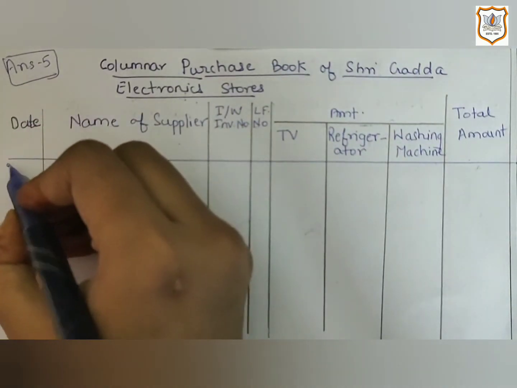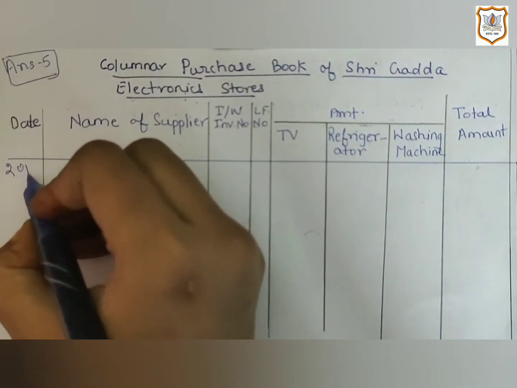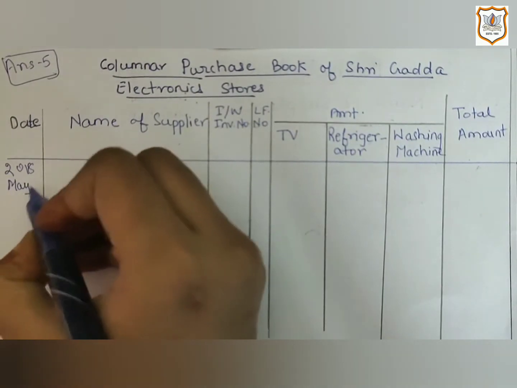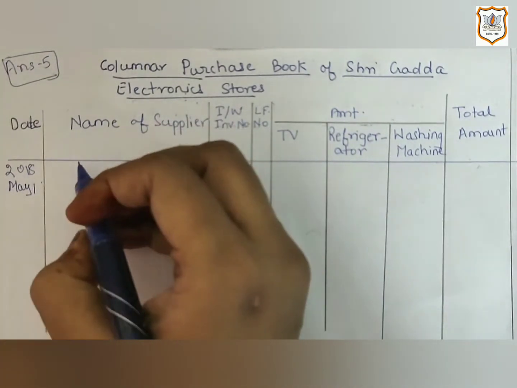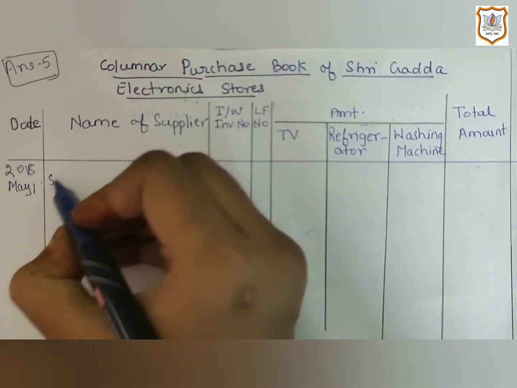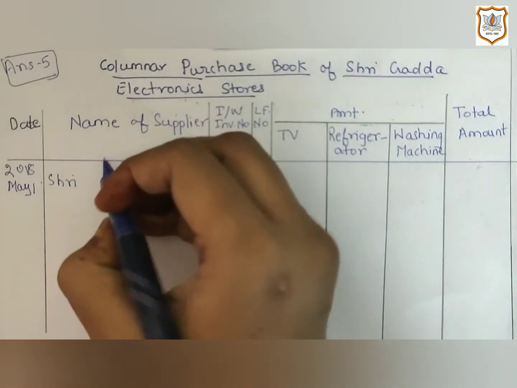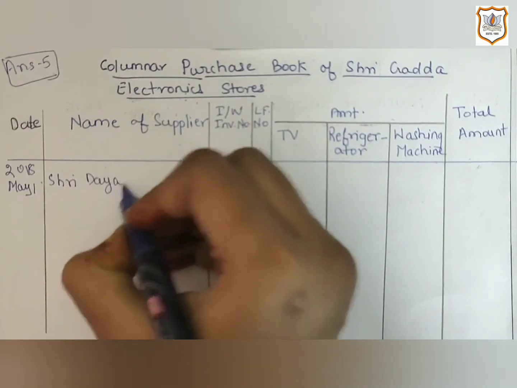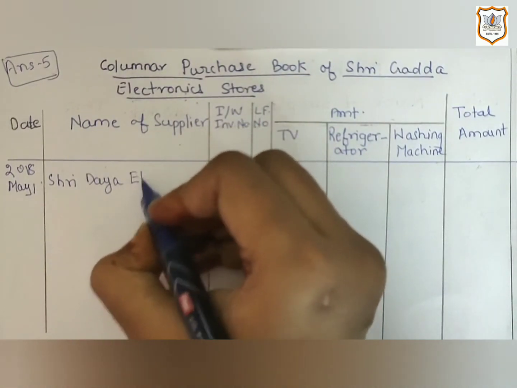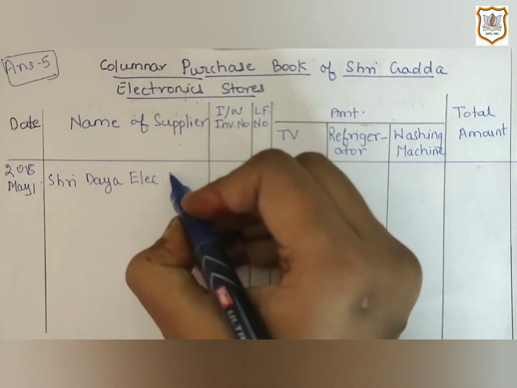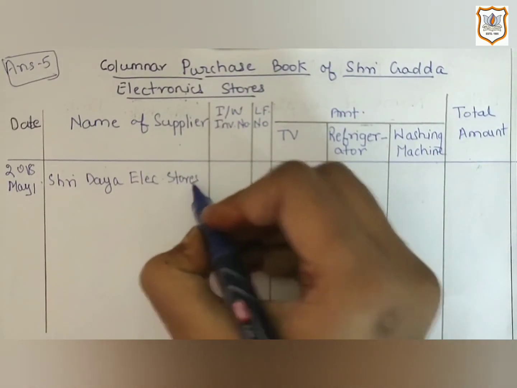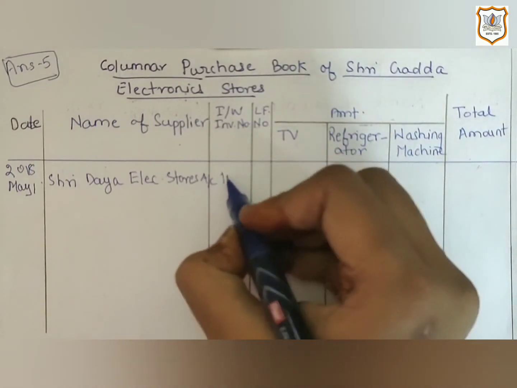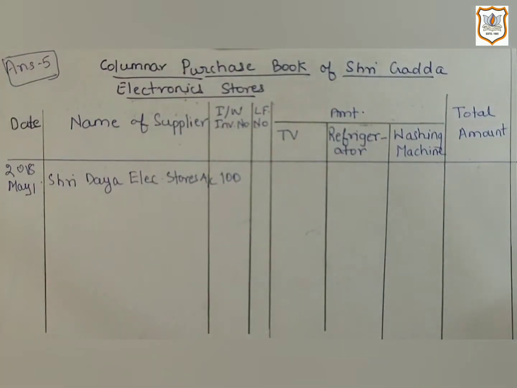First we will write the date, 2018, May 1st. Here the name of the supplier is Shri Daya Electronics Stores account. The inward invoice number is also given, that is 100.